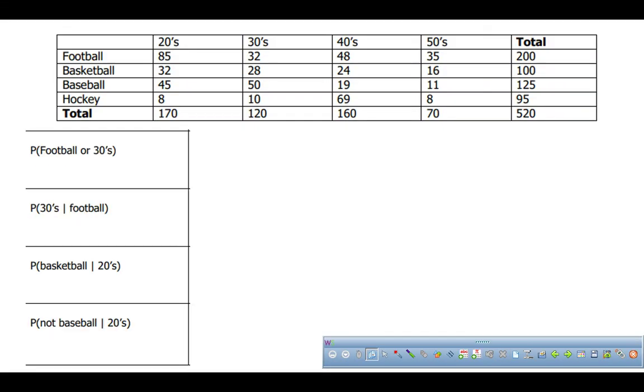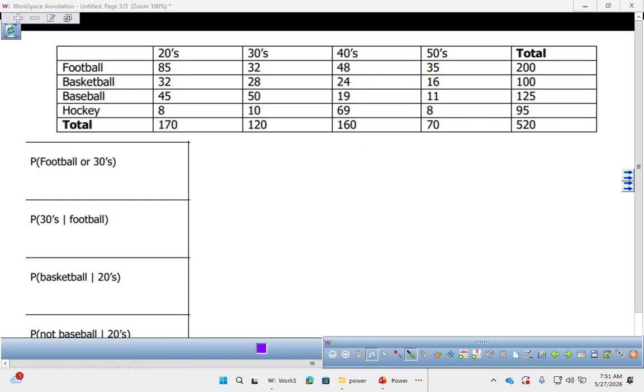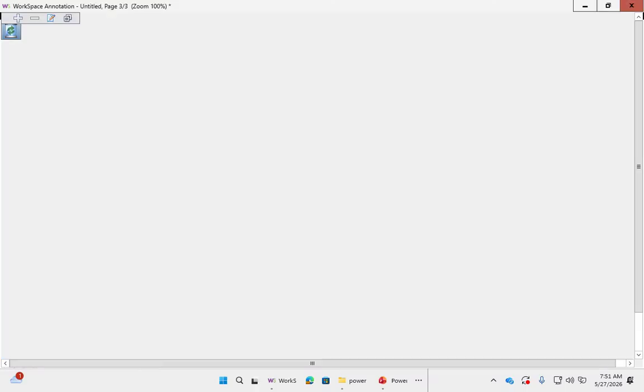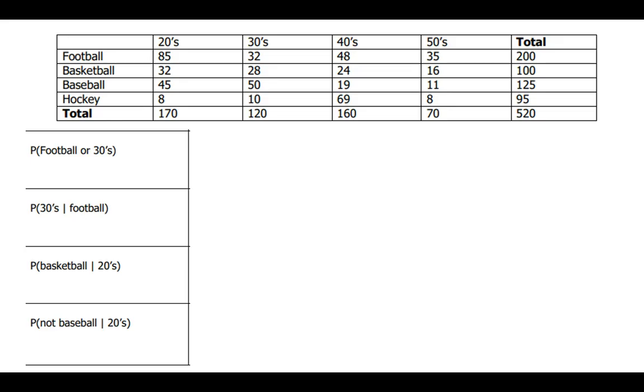All right, so football or 30s. When I see that word or, I'm thinking, okay, this is either mutually exclusive or overlap. So I'm going to look at the football people. So I'm going to highlight the football people, and then I'm going to highlight the 30s people and see if the colors intersect.